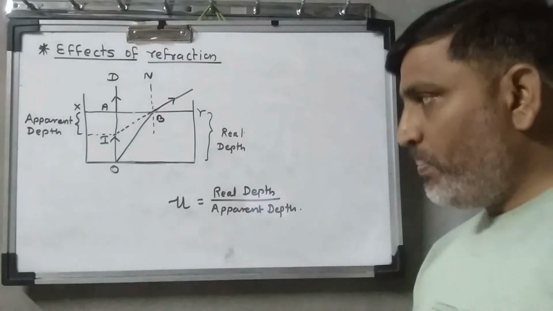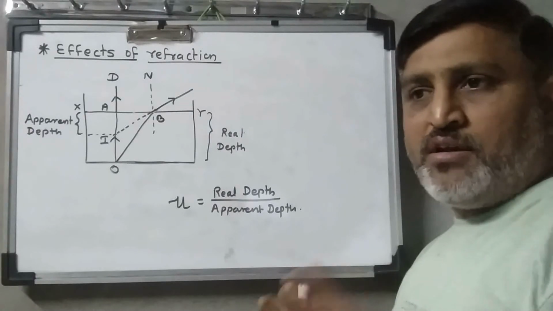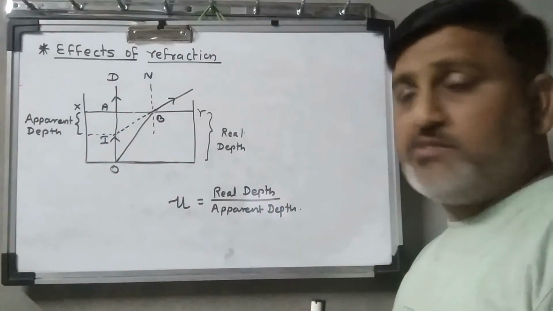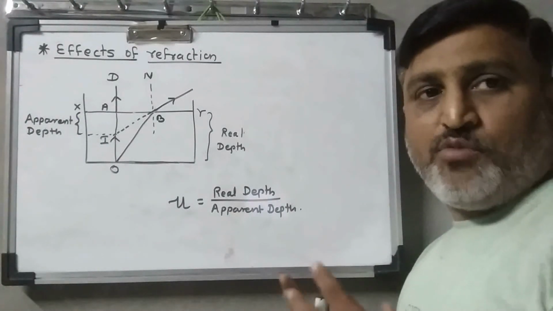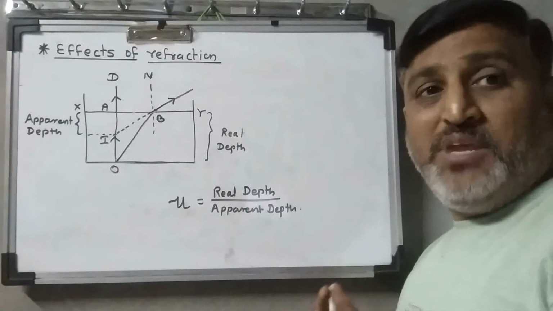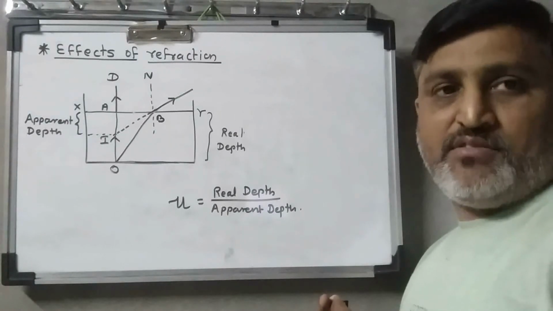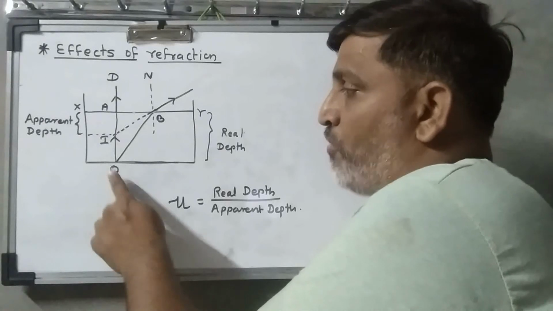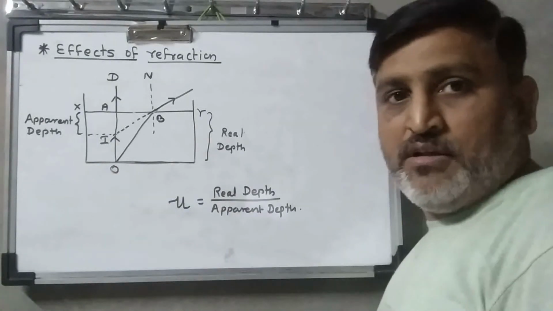When we draw a ray diagram to find where the image is, we require at least two rays, which, when back produced, meet each other at the position of the image. Assume O is the object placed at the bottom of the water container.